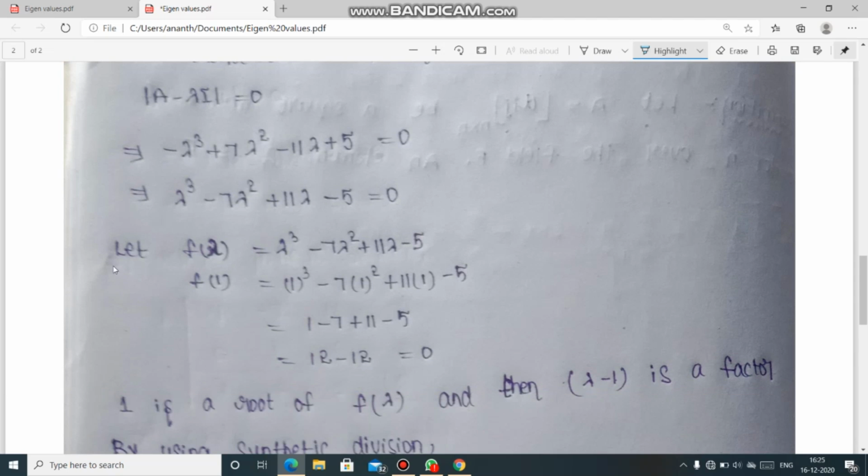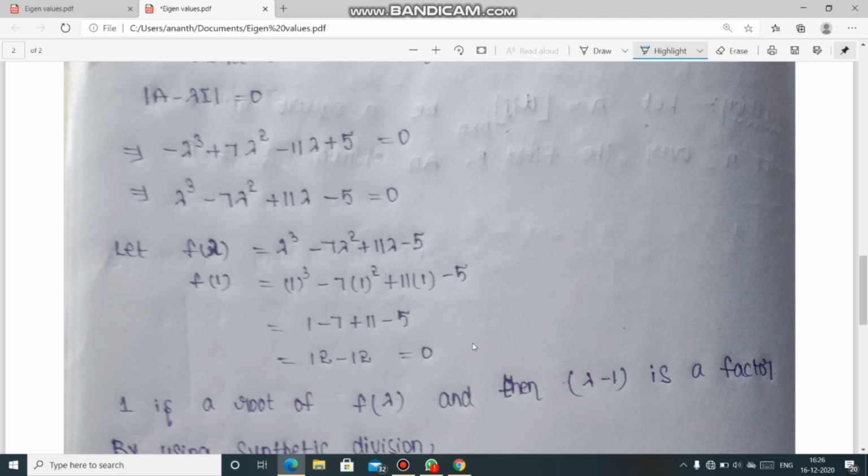So let f of lambda is equal to lambda cube minus 7 lambda square plus 11 lambda minus 5. We assume that 1 is a root of this equation, then we get 1 cube minus 7 into 1 square plus 11 into 1 minus 5, that is 1 minus 7 plus 11 minus 5, that is 12 minus 12, which is equal to 0.